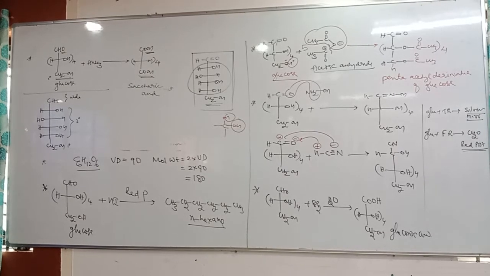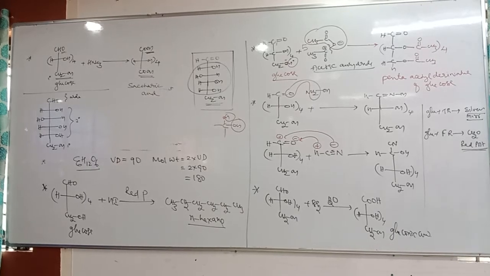It confirms that glucose contains 6 carbon atoms in a straight chain.